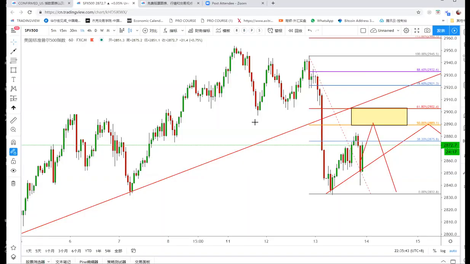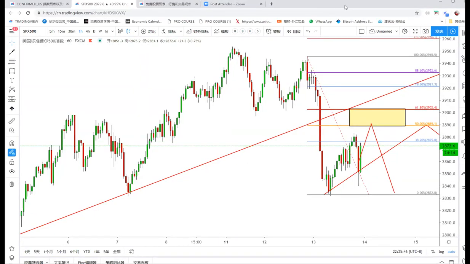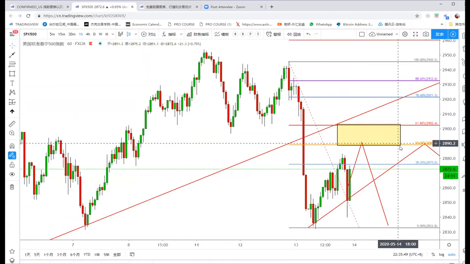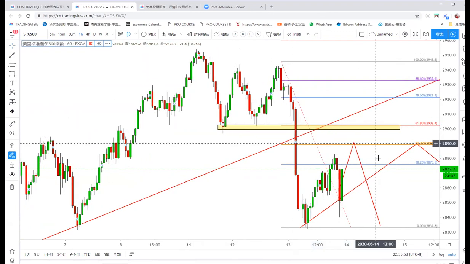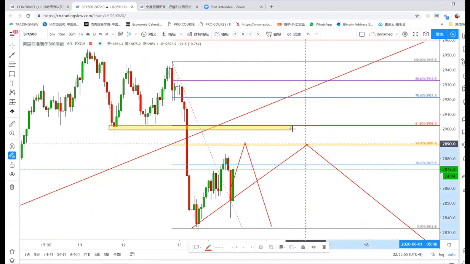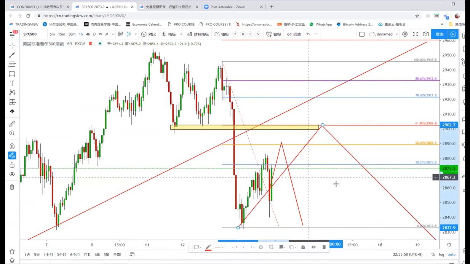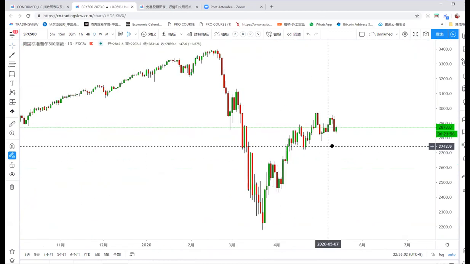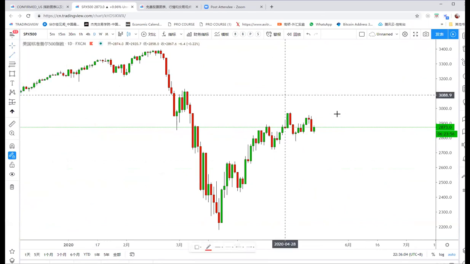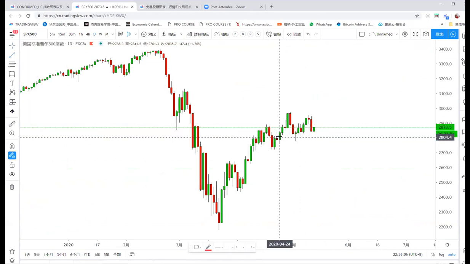Okay, good. So let's move on. S&P, pay your attention at the 2,900 level, this place for a sell. You may have a very nice entry. And in the daily chart, does anyone remember what I described about the market two weeks ago?